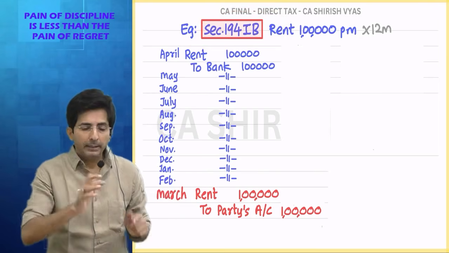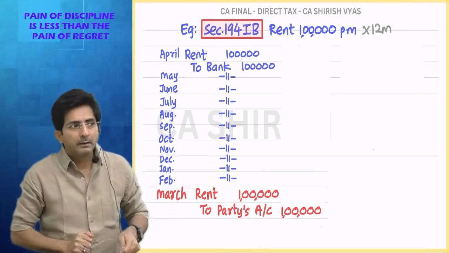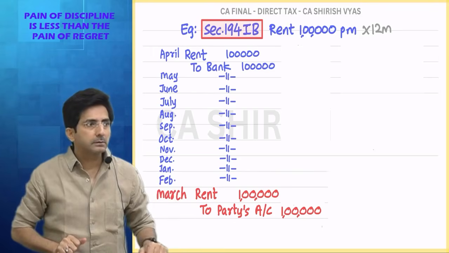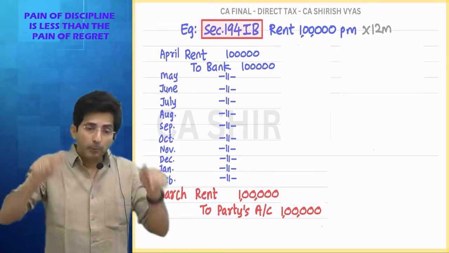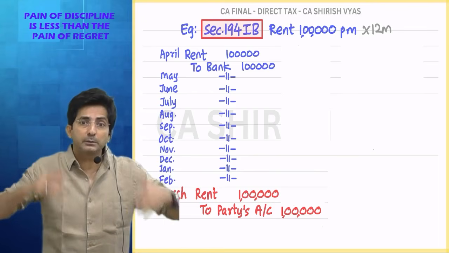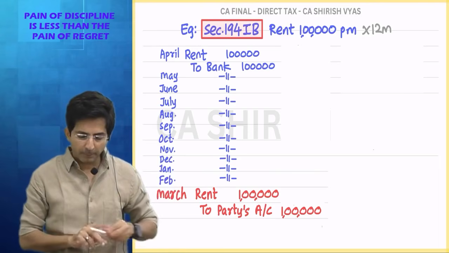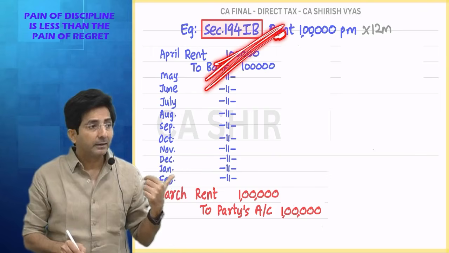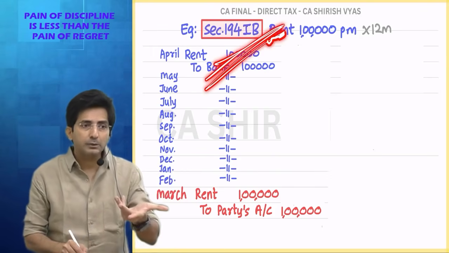Generally, tell me, if I pay rent every month, I was supposed to deduct TDS every month, no? So in a year there are 12 months, so I was supposed to deduct TDS 12 times and deposit also 12 times. Doing the work 12 times is bothersome. But the government has a soft corner for people under 194 IB. Why a soft corner? Because they are small people doing TDS compliance.